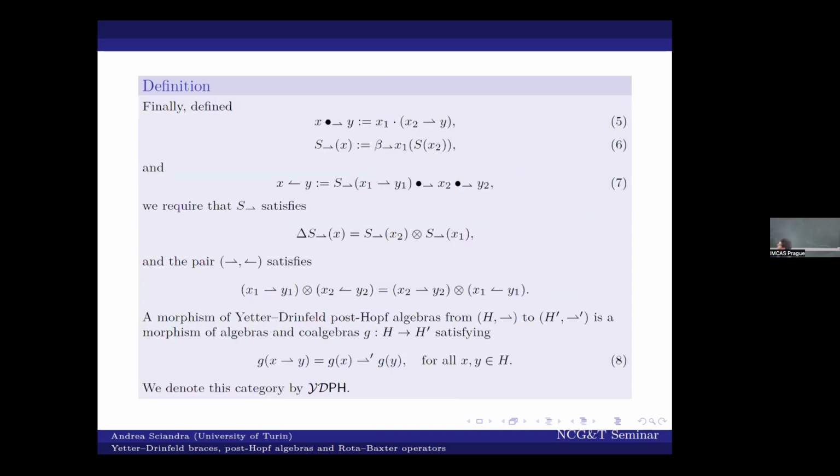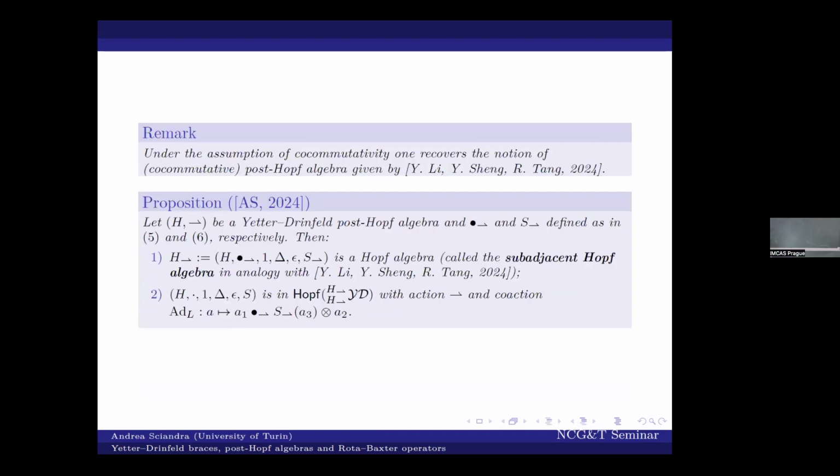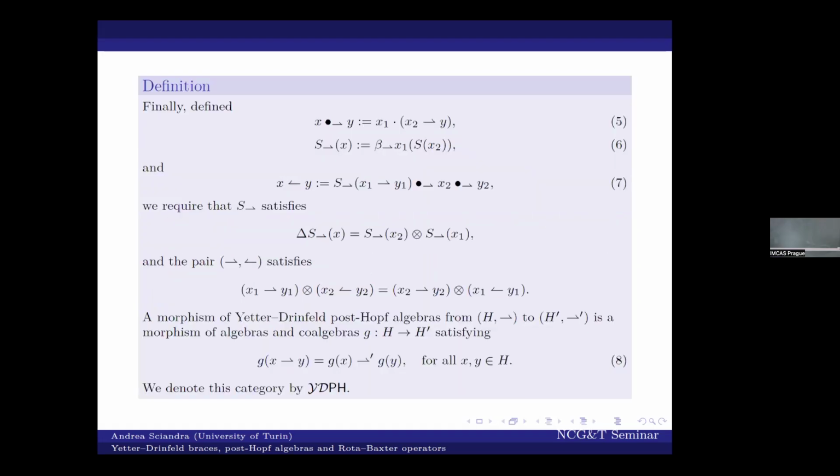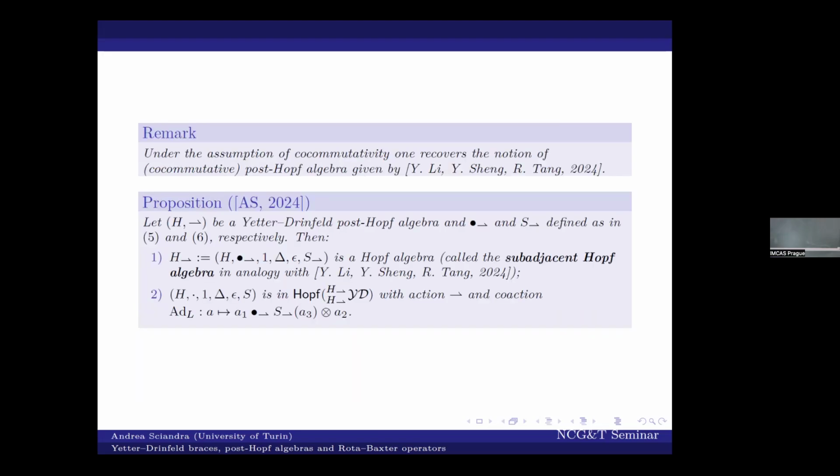Okay, so under cocommutativity, our definition collapses onto cocommutative post-Hopf. If we remove cocommutativity, they are different because our starting datum is not a Hopf algebra, but it's just an algebra and a coalgebra. But what we can do is, if we start with the Drinfeld post-Hopf, and we define the bullet and S as before, so the definitions were these two, this forms a proper Hopf algebra, which is called the subjacent Hopf algebra in analogy with the definition given by Li, Sheng, and Tang.